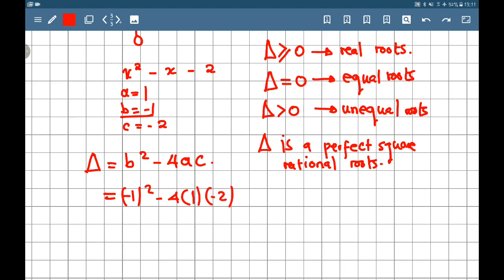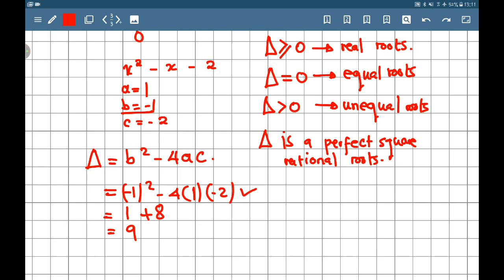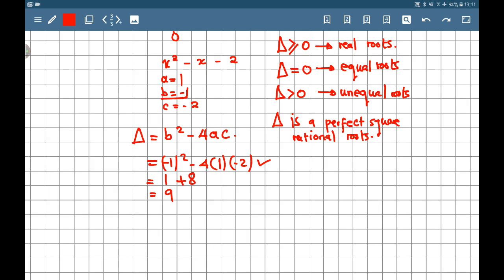Am I right? Yes. And this is now going to be 1 plus 8, and the answer is 9. Use a calculator. It's still loading. So the discriminant is 9. Do you see that?